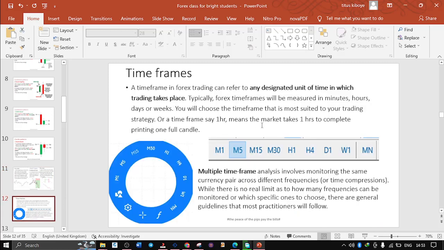Now we come to the next thing called the time frames. A time frame in forex trading can refer to any designated unit of time in which trading takes place.